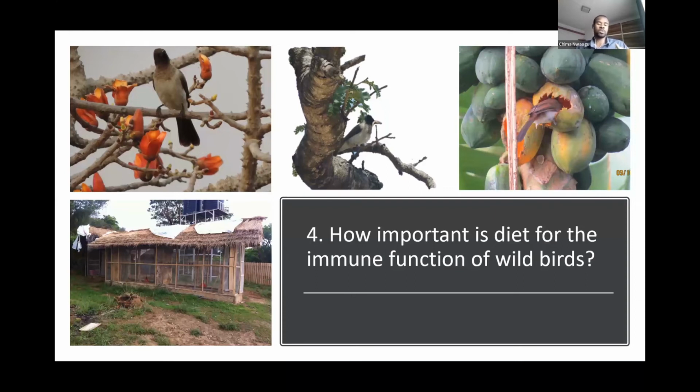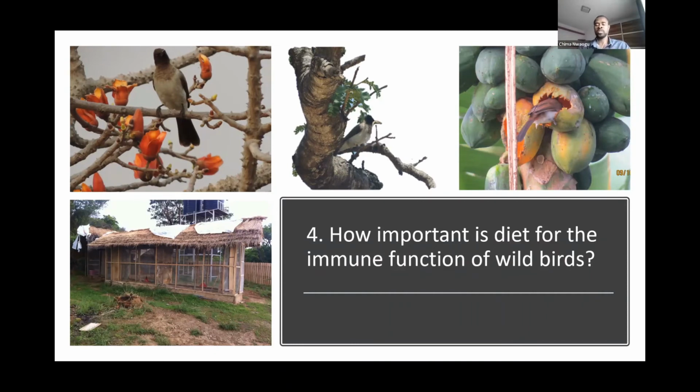Birds get a lot of fruits in the wet season, maybe not as much in the dry season, and different amounts of insects throughout. And depending on whether the environment is degraded or not degraded, they also have different resources available to them.